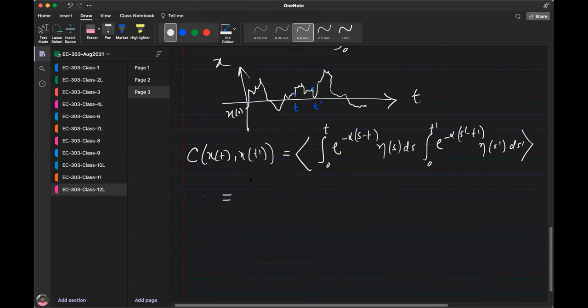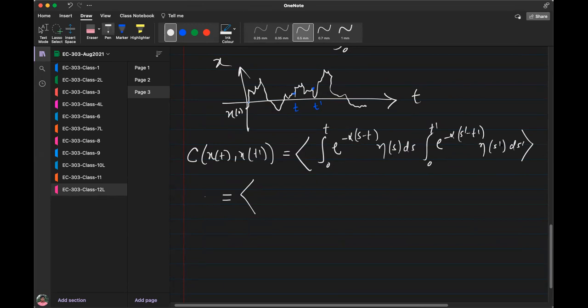Now the angular brackets remain as they are. What I will try to do is pool together as many terms as possible. We can pool together these exponential terms, especially the terms that do not require integration. This depends on s, right? In the exponential, the minus alpha s has to be integrated.